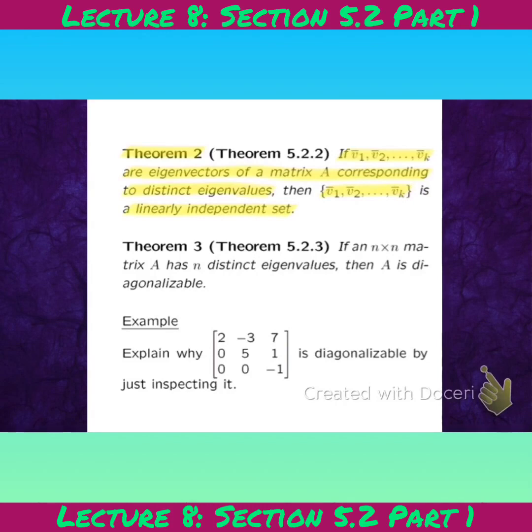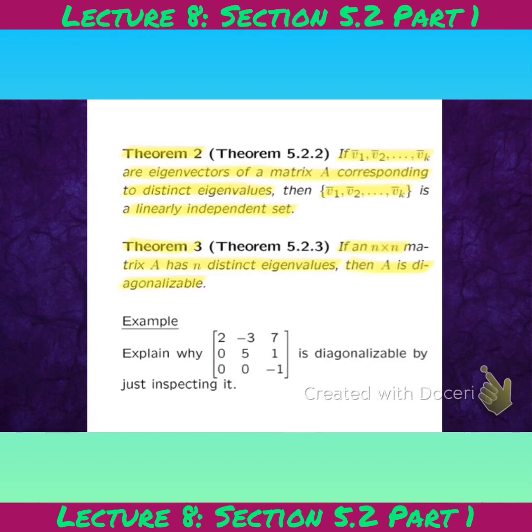If you look at theorem 3, if an n by n matrix A has n distinct eigenvalues, then A is diagonalizable. Right, so why? That follows straight from theorem 2. If you have n distinct eigenvalues, then for each one of these distinct eigenvalues, you can go and work out an eigenvector.